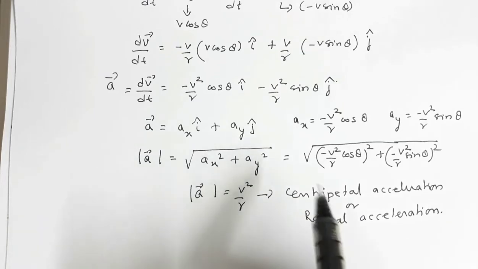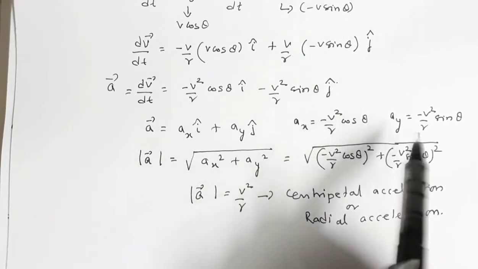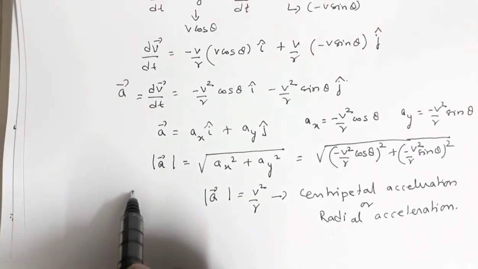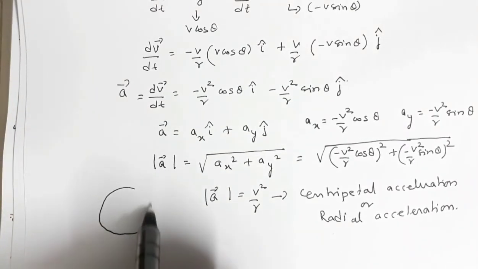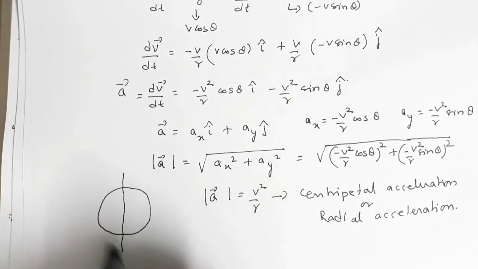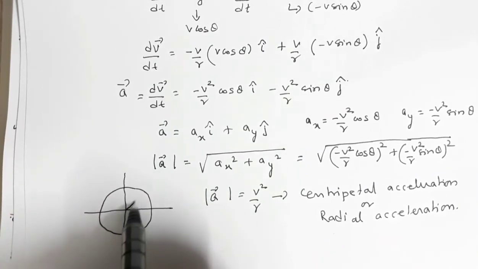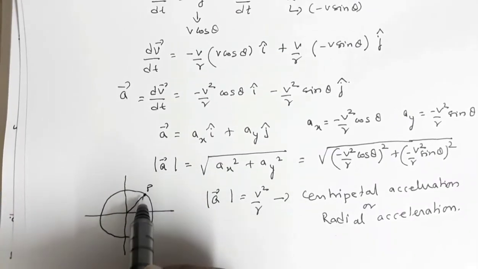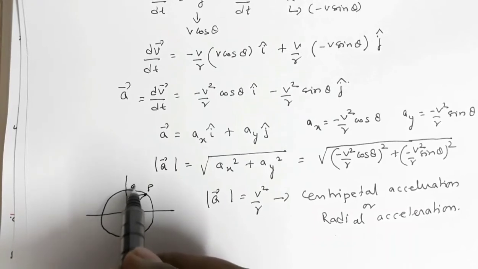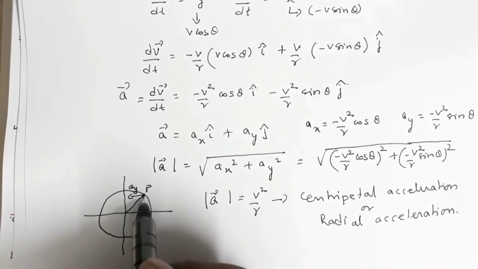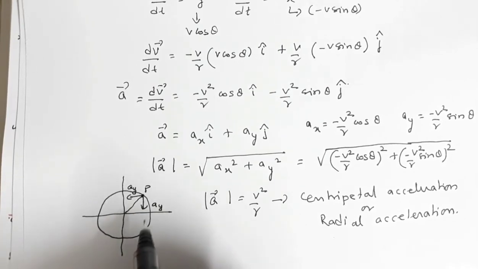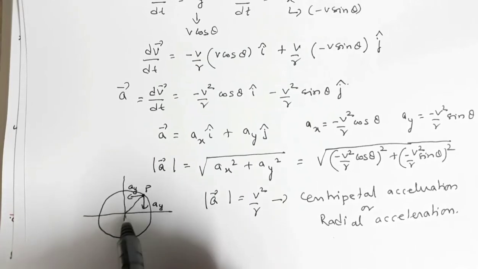What does this negative sign show? See, ax and ay both are negative. It shows that if this is the circular path in which the particle is moving, and this was point P, ax is negative, so this is ax, ay is also negative, so this is ay, and their resultant is along this direction, along the radius.